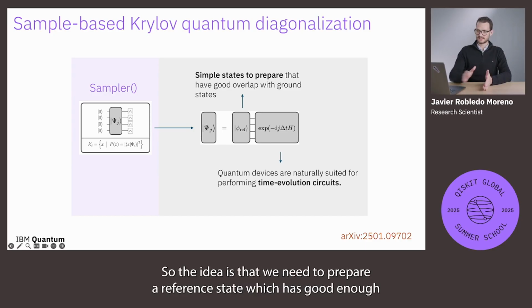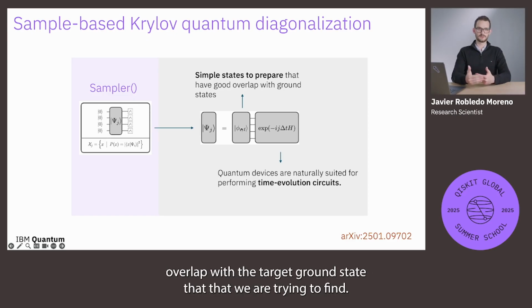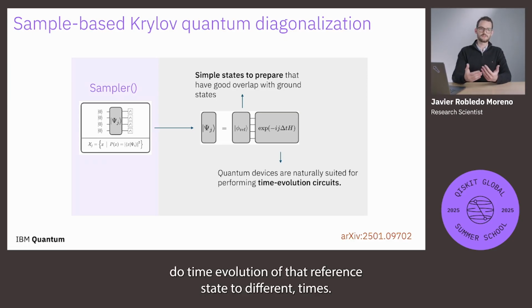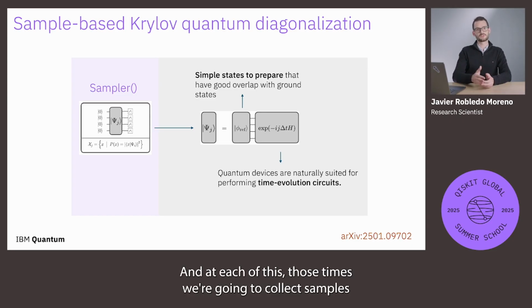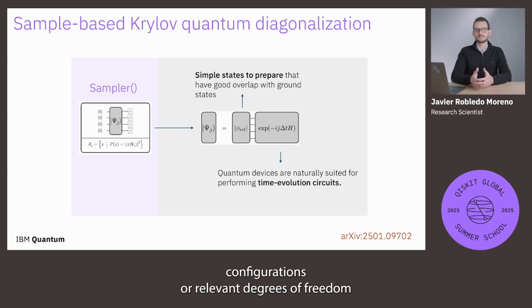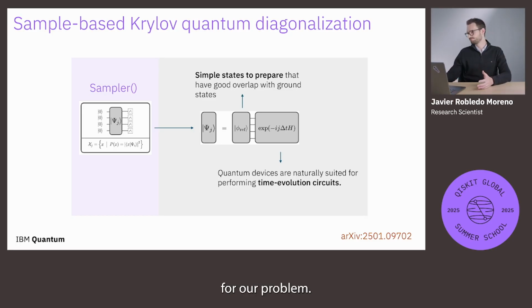The idea is that we need to prepare a reference state which has good enough overlap with the target ground state that we are trying to find. Then we do time evolution of that reference state to different times, and at each of those times, we collect samples from the quantum circuits, which again are going to be representing electronic configurations or relevant degrees of freedom for our problem.